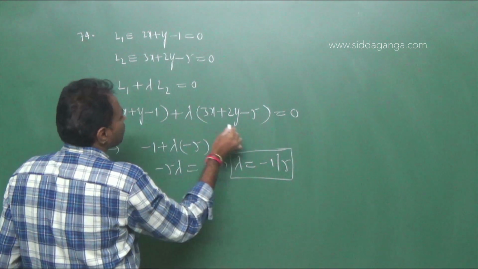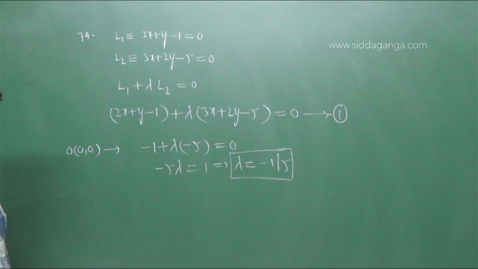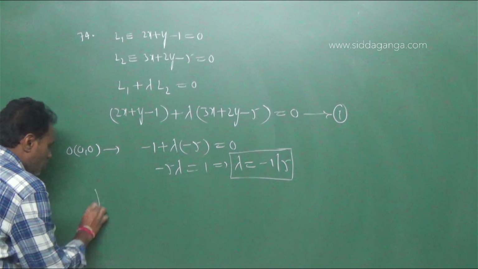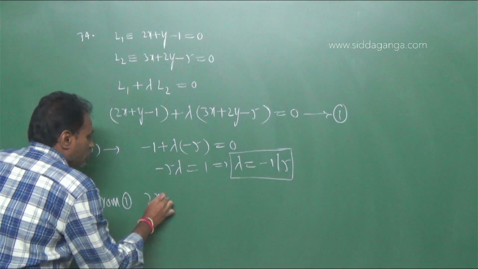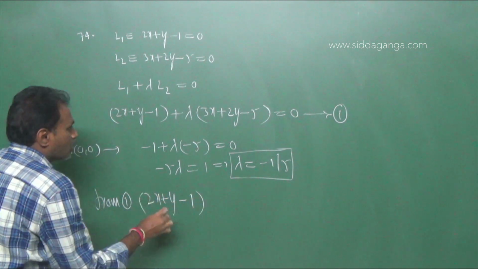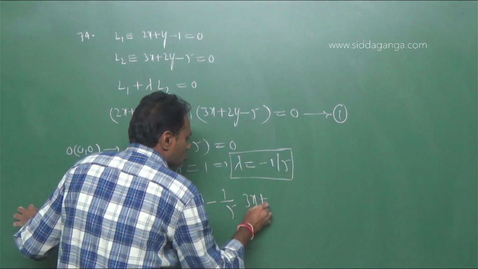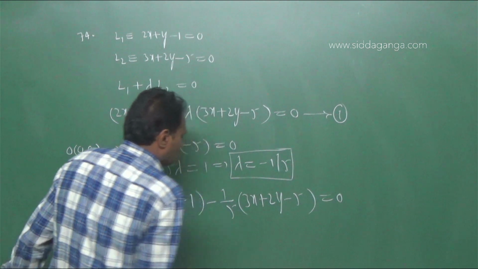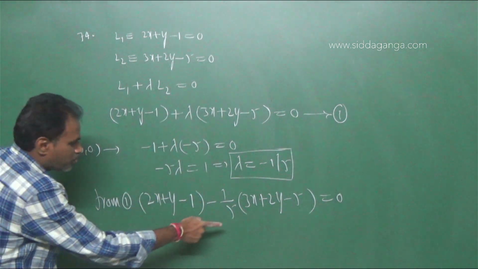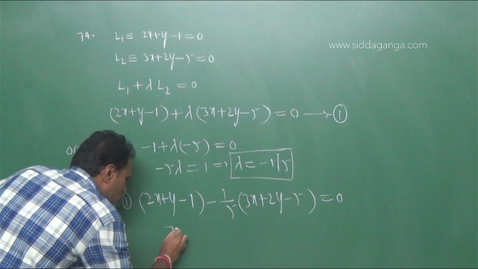This lambda value, substitute in equation number 1. From equation number 1, 2x plus y minus 1 minus 1 by 5 into 3x plus 2y minus 5 equal to 0. Now take LCM 5. 5 into 2x, 10x minus 3x, that is 7x.